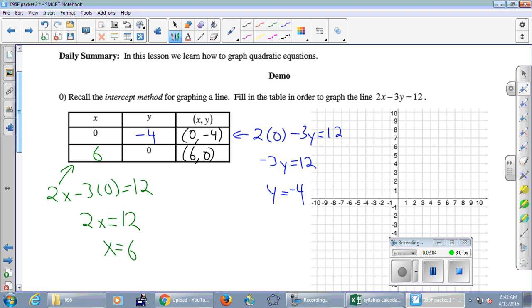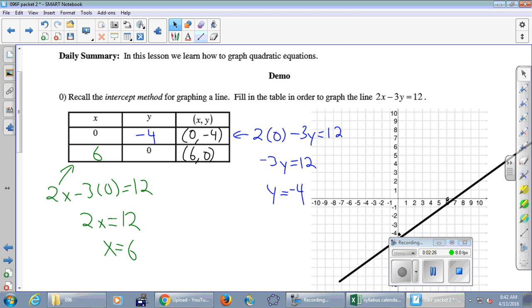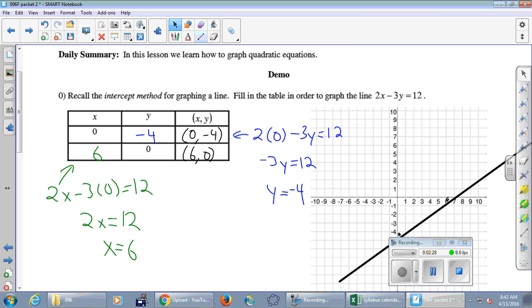Right? Really important that they have zeros in the coordinates. Okay, so we can plot those 2 points over here, 0, negative 4, 6, 0, grab a straight edge, and connect the dots. So that's the graph of that equation. Fair?